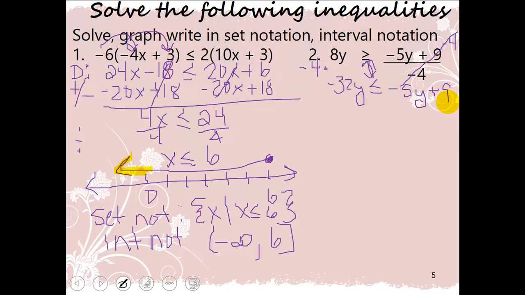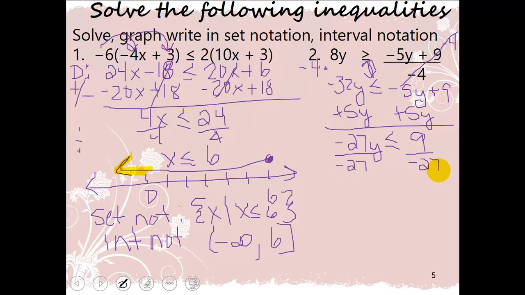I'm going to add 5y to both sides. That gives me negative 27y is less than or equal to 9. And I'm going to divide through by a negative 27. And I'm going to flip my inequality symbol because I'm dividing by a negative number. And I'm going to reduce.